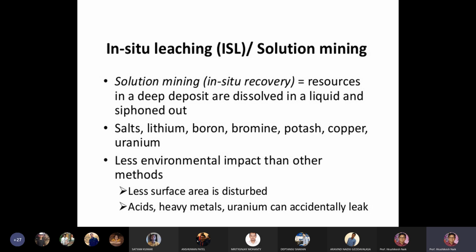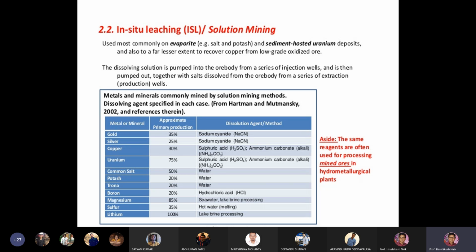and create environmental problems. This in situ leaching or solution mining is used most commonly on evaporites, like salt and potash minerals, because this method is used most commonly on evaporites.